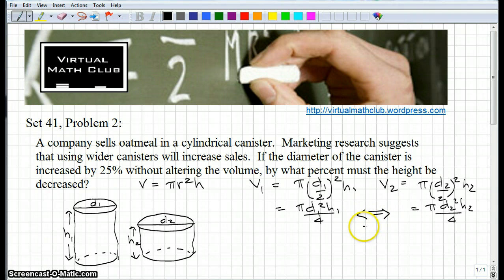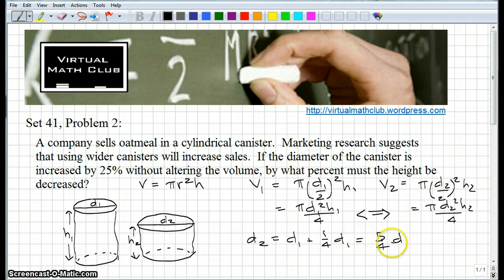And we know the relationship between the diameters of these two. The diameter of the new container is 25% greater. So if we knew D1 and we add 25% to it, that's one quarter of D1. That ends up being 5/4, or 125% of D1.